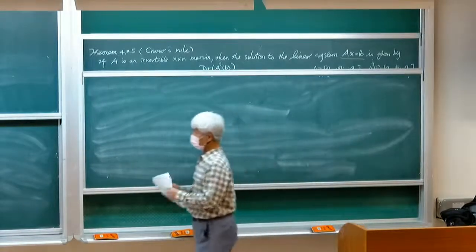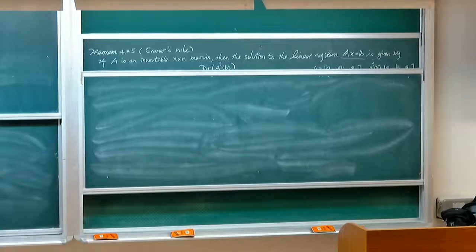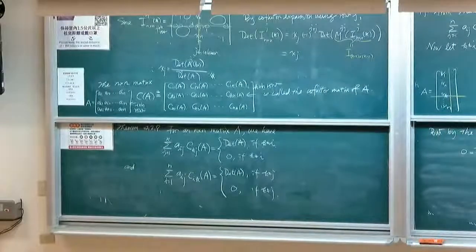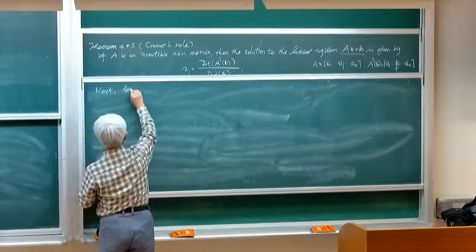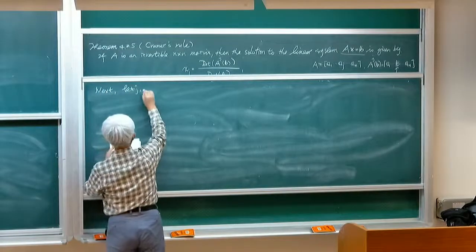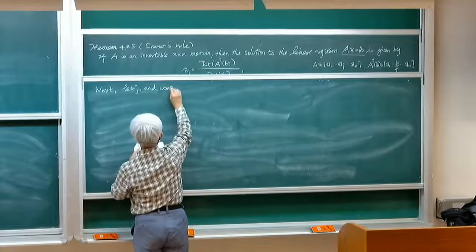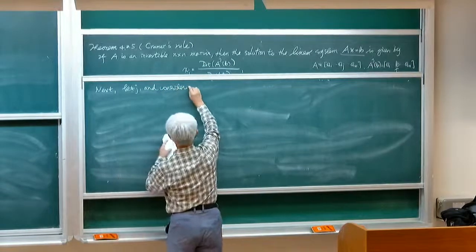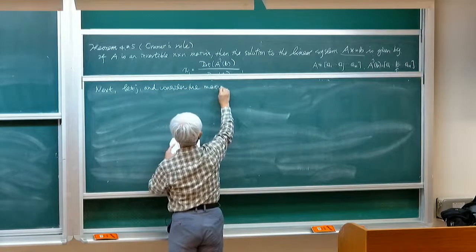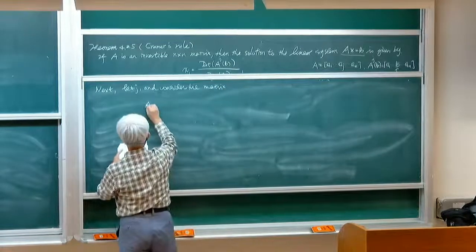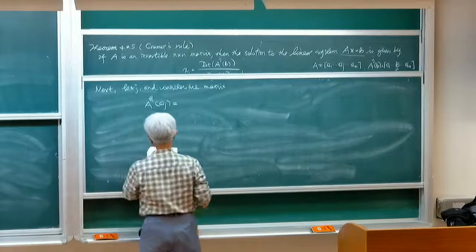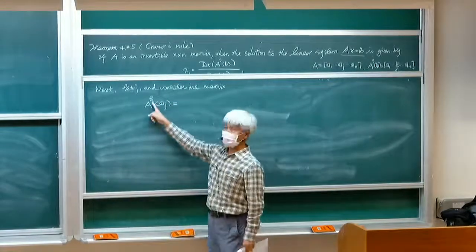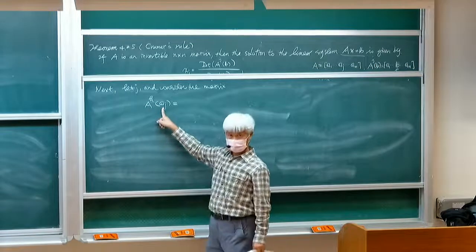Now there's one case left here, for k not equal to j. So next, k not equal to j, and consider the matrix A_kj, where you replace the kth column of A by its jth column.